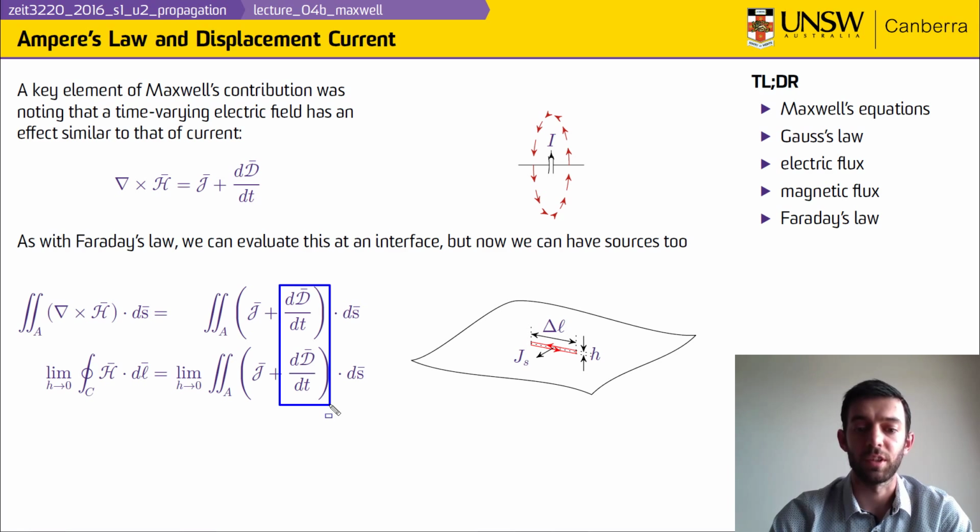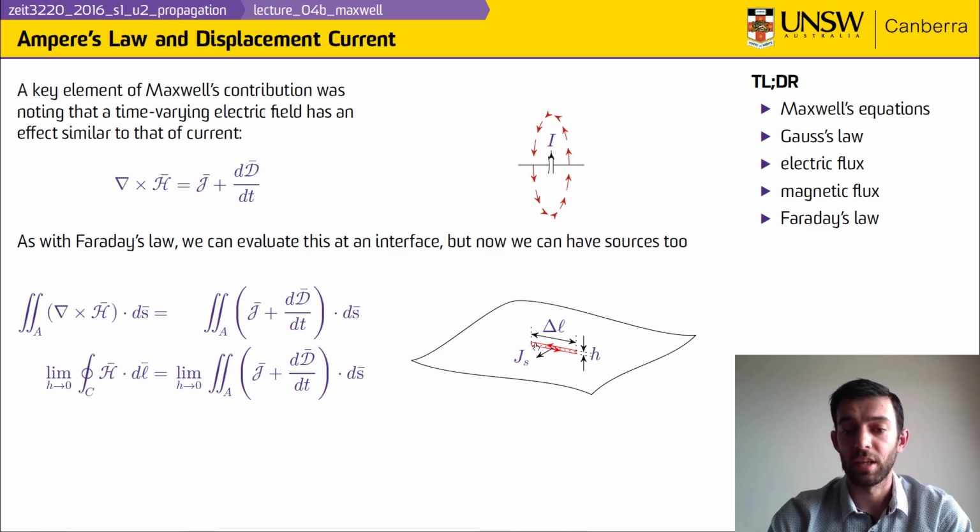This term will contribute nothing as before, but we do have this J that's present, and it is denoted on this diagram as the surface current density, which is perpendicular to those red lines and is perpendicular to the normal vector that's extending above from the interface.